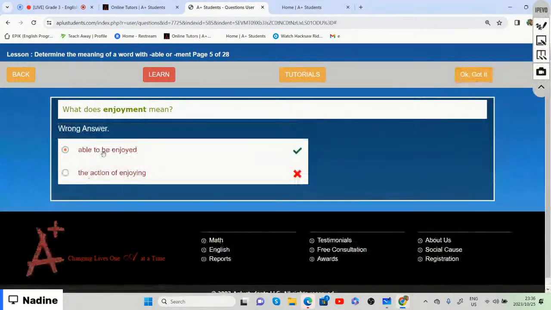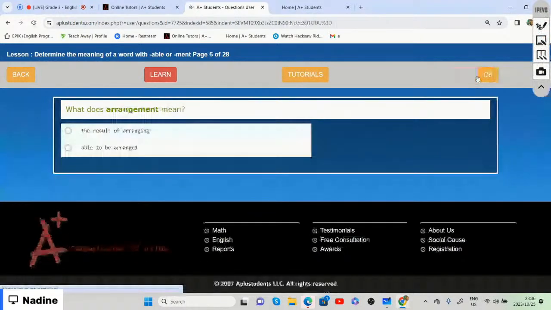Oh, it's able to be enjoyed. Okay. Sorry about that. But ment is actually where it is the action or the result of enjoying. Able is where you are able to be enjoyed.